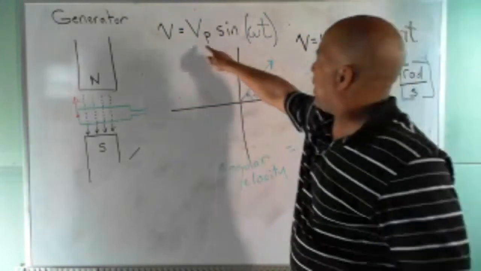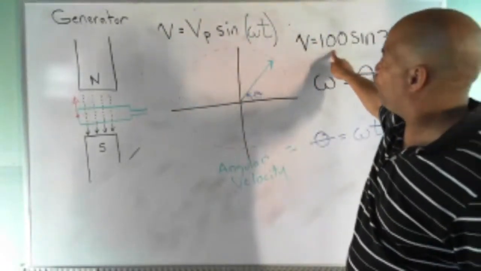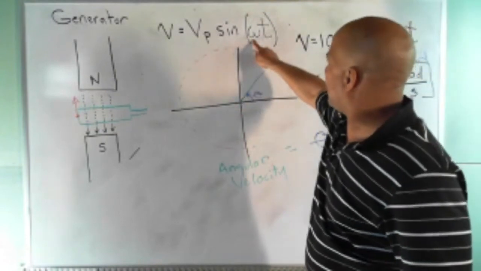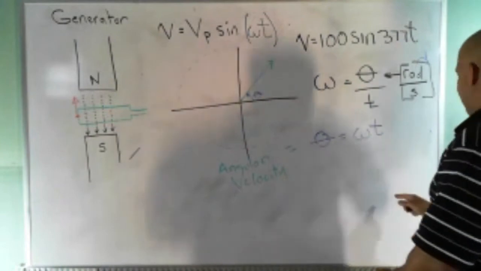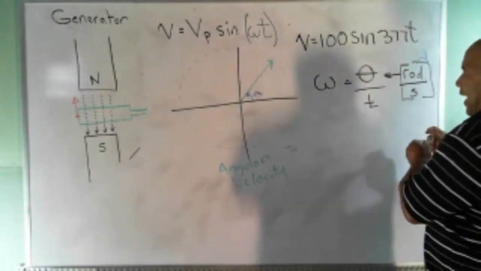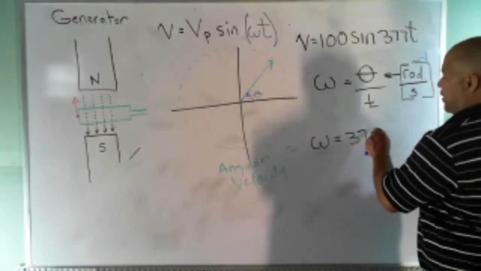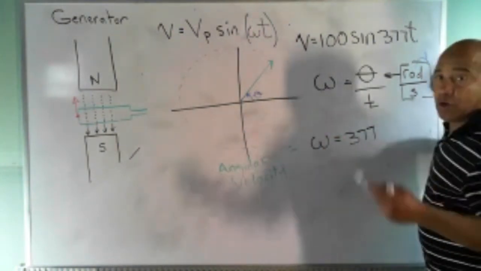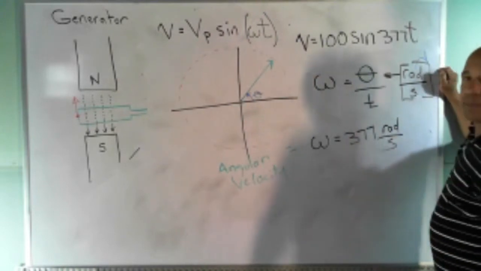Well, right here, that would be the peak voltage. Right here in front of the t, what is that? Well, that 377 would be the angular velocity. That would be omega. Omega equals 377. The units would be radians per second.